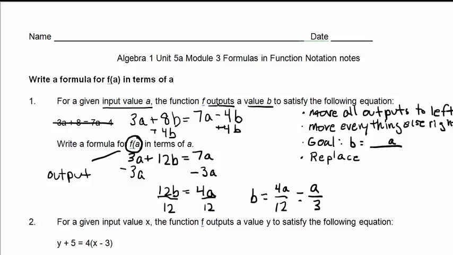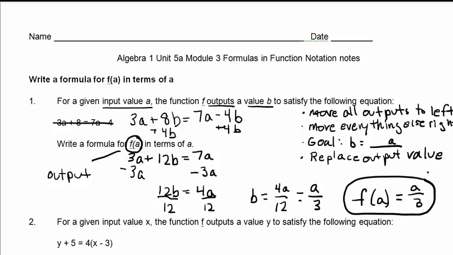So we're going to replace our original output value, which was b, with f of a. So our final equation is going to look like this. Replace the b with f of a, and it's equal to a over 3.